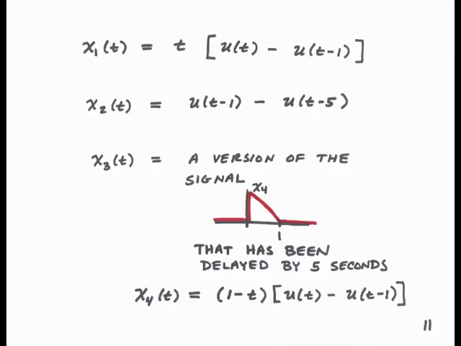So we found the mathematical equation for x4. We now need to find out what the equation is for x3. Now recall that x3 is a version of x4 that's been delayed by 5 seconds. And remember that to perform a delay, we simply need to replace t by t minus capital T, where capital T is the delay, in this case 5.